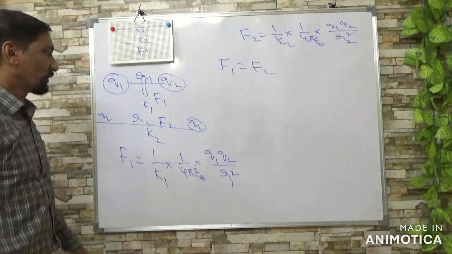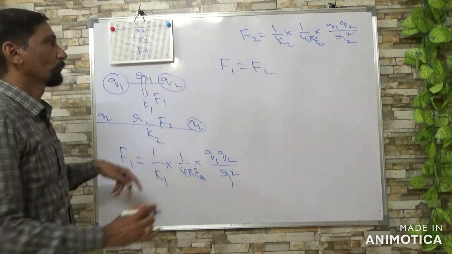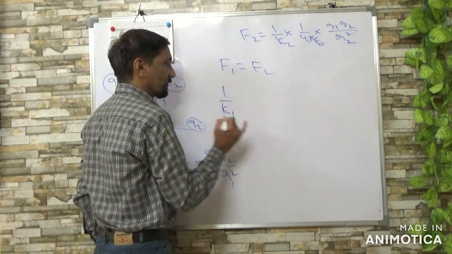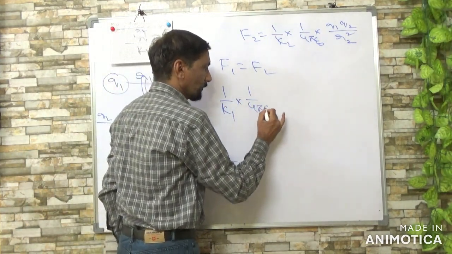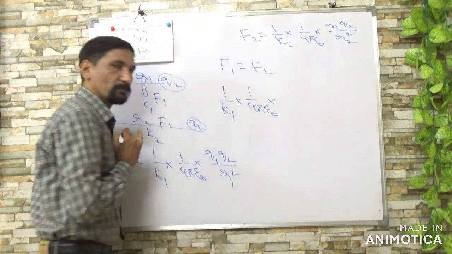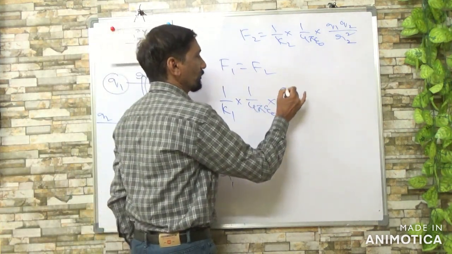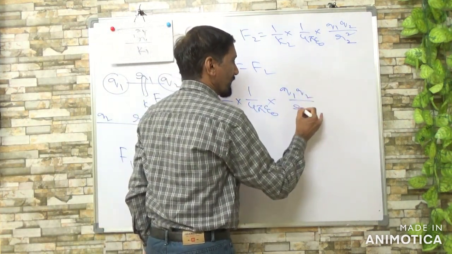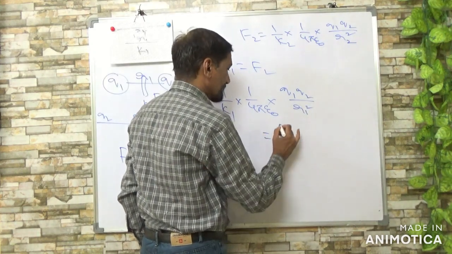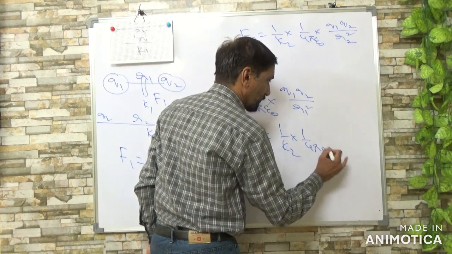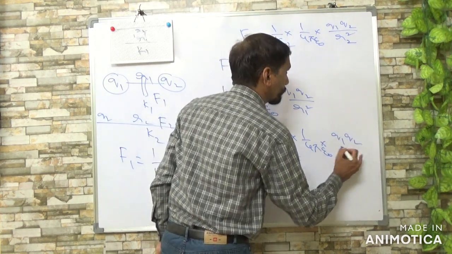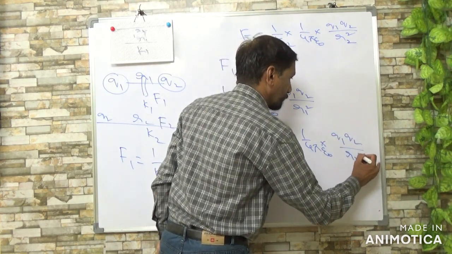Okay, so whenever you are equating these two, 1 by k1 into the constant 1 by 4 pi epsilon naught, q1 q2 by r1 square, that is equal to 1 by k2 into 4 pi epsilon naught, q1 q2 by r2 square.